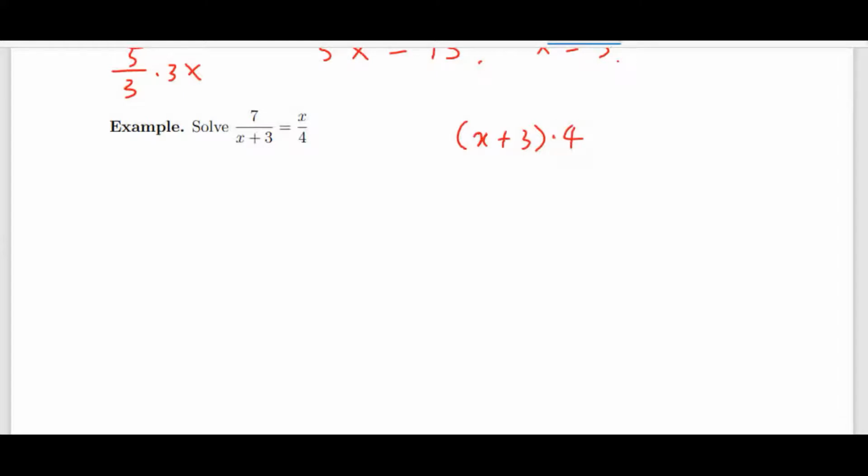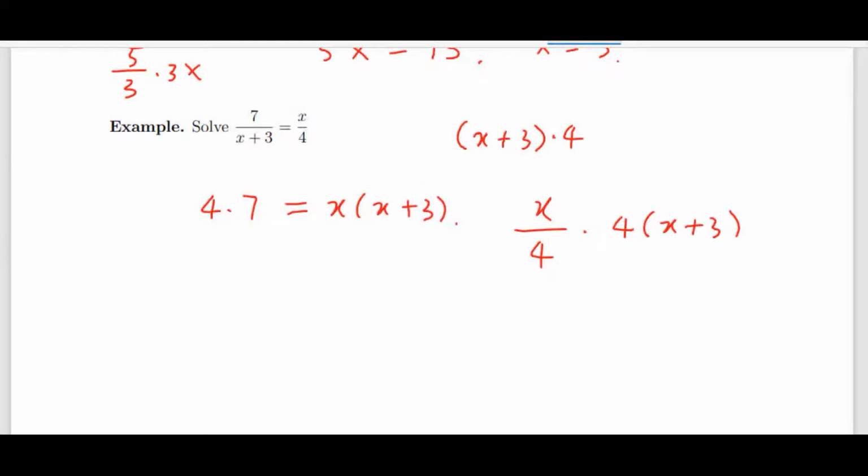On the left side, cancel x plus 3, just like 4 times 7, right? On the right side, x over 4 multiplied by 4 times x plus 3, so cancel 4 and we get x times x plus 3.